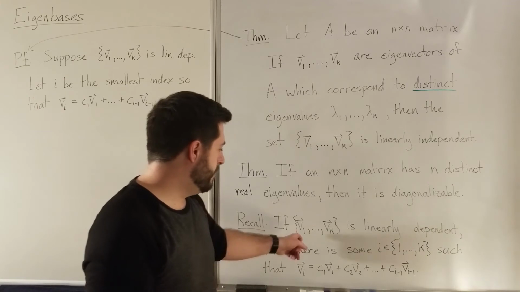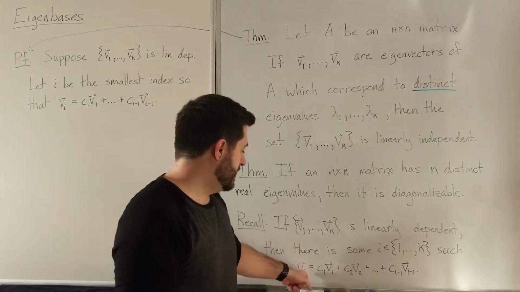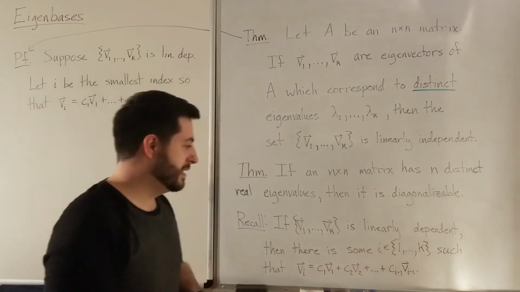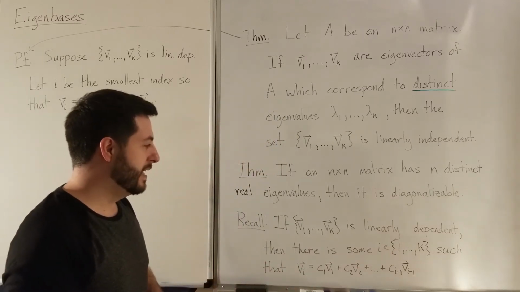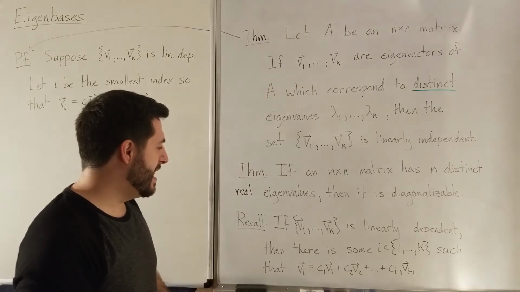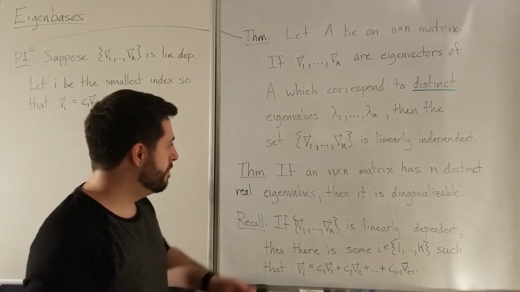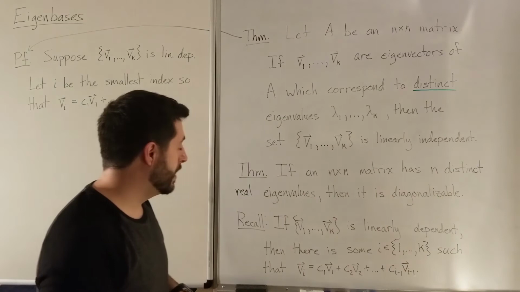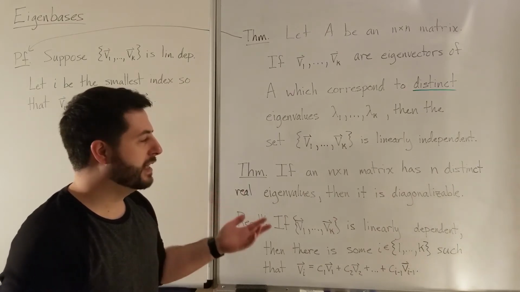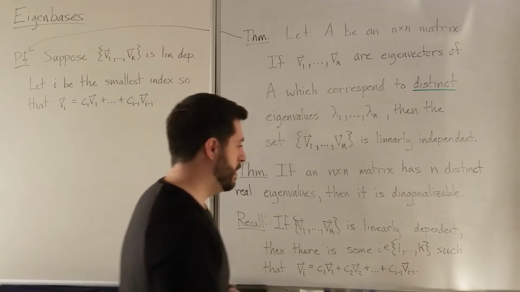So if v1 is the 0 vector, then it is written as the sum of some terms that came before it. However, we just want to avoid this case, and in our set of v1 through vk that we're going to be looking at, none of these will be 0 because eigenvectors aren't allowed to be the 0 vector.